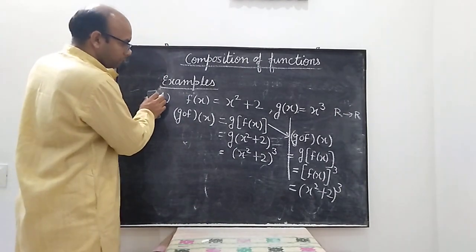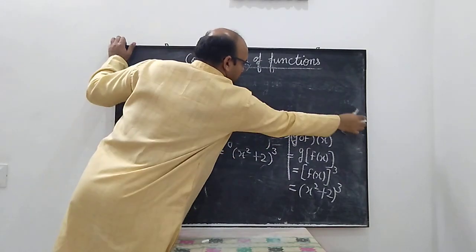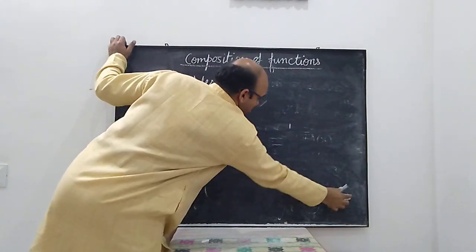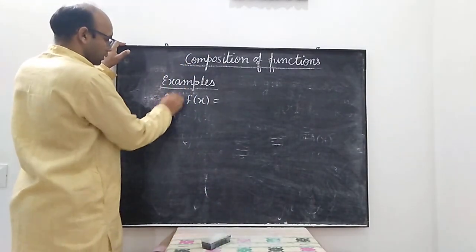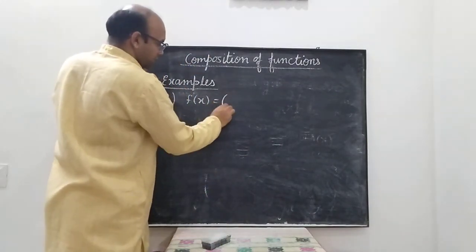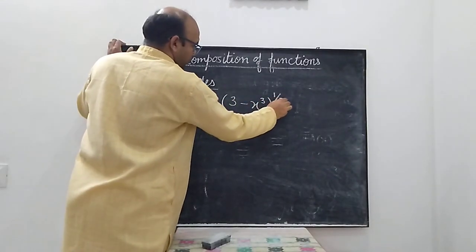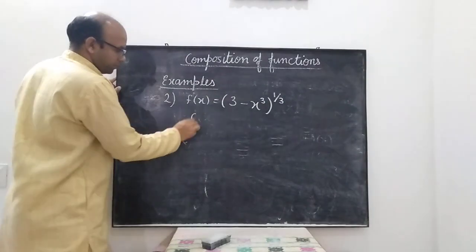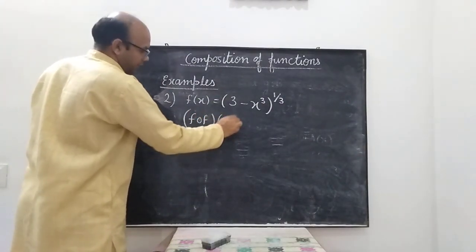Now second example. If you define, say, fx as 3 minus x cube whole to the power 1 by 3, and it is being asked to find f of f of x.